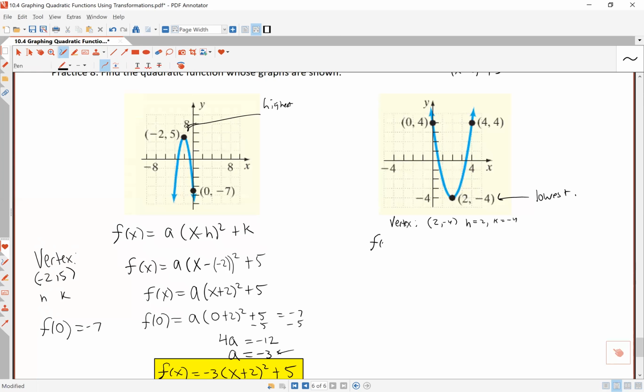So we have f of x is a times x minus h squared plus k, which is x minus h. H is 2, plus k, so that's -4.